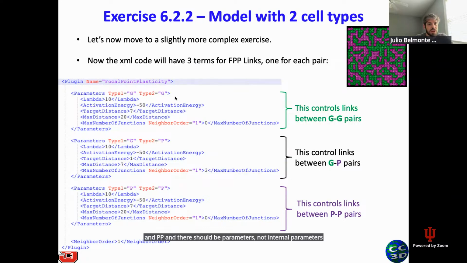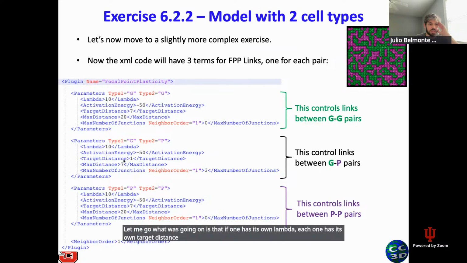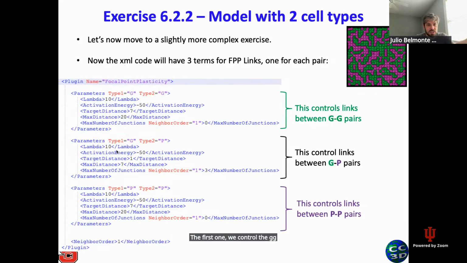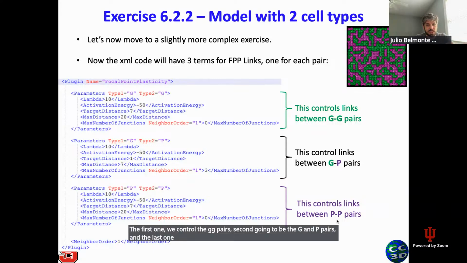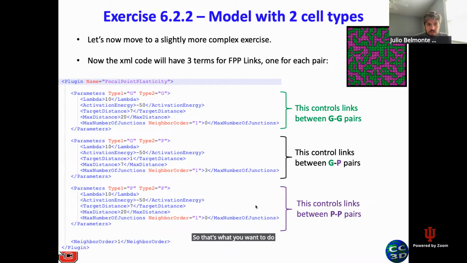Each one has its own lambda, its own target distance, its own maximum distance, and its own max number of junctions. The first one controls the GG pairs, the second controls the G and P pairs, and the last one controls the links between purple and purple cells. So that's what we'll be playing with.